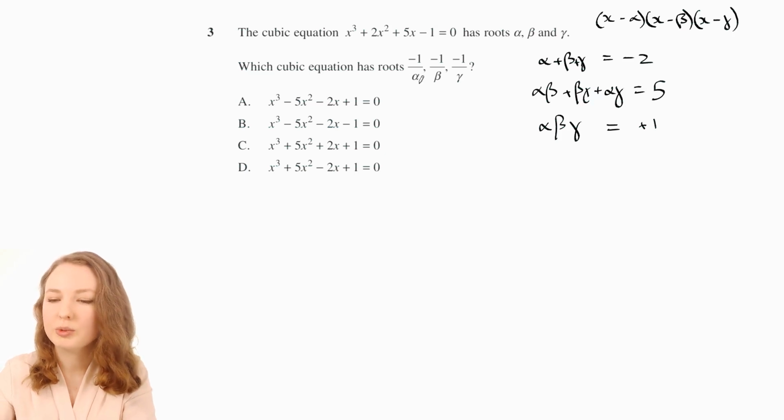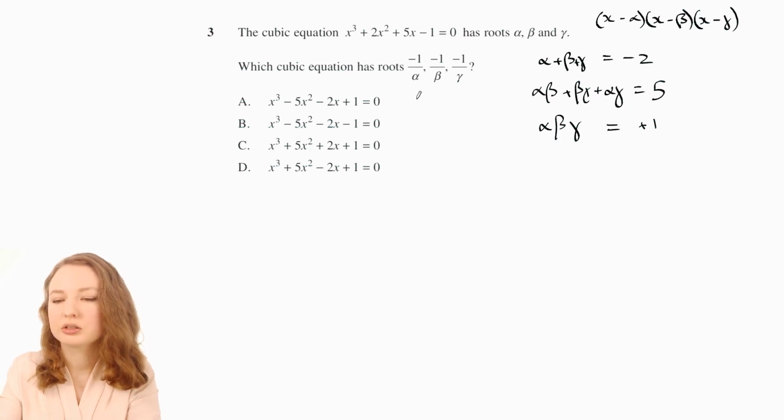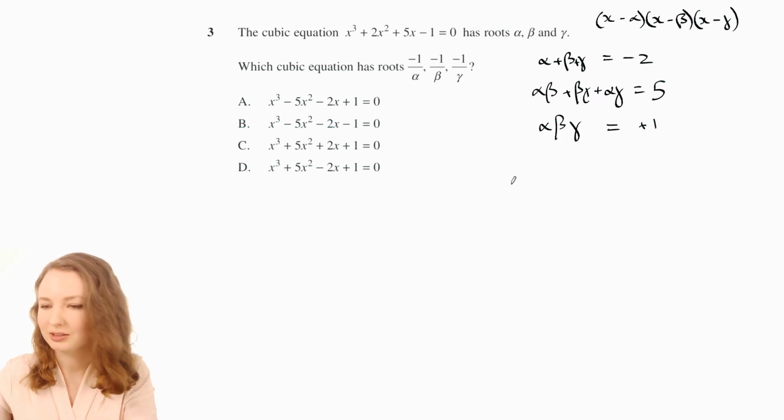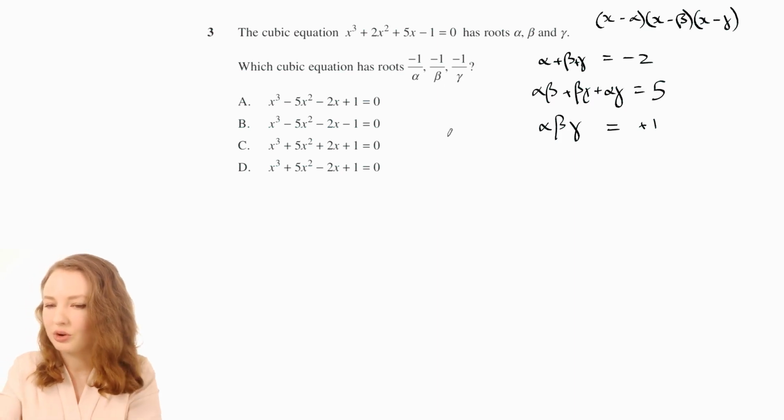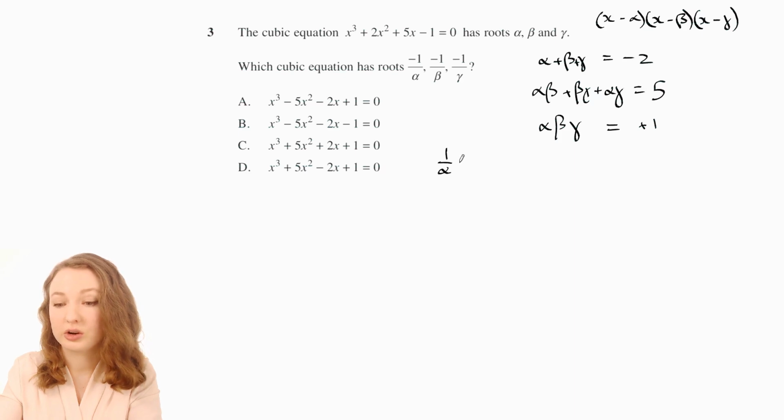And then what we need to do to work out the coefficients of this other cubic equation is work out what's the sum of these and the product of these and sum of the products. So we want to know what is 1 on alpha plus 1 on beta plus 1 on gamma, and what is 1 on alpha beta, so like the product of two of them.